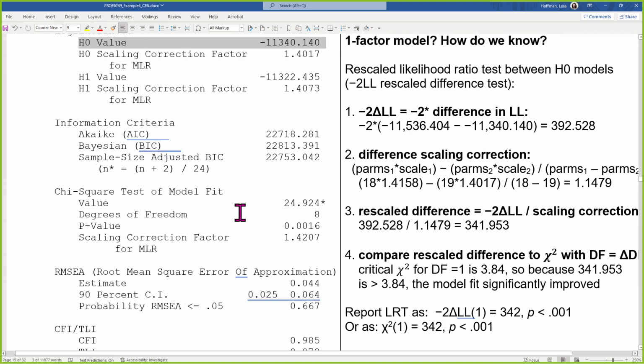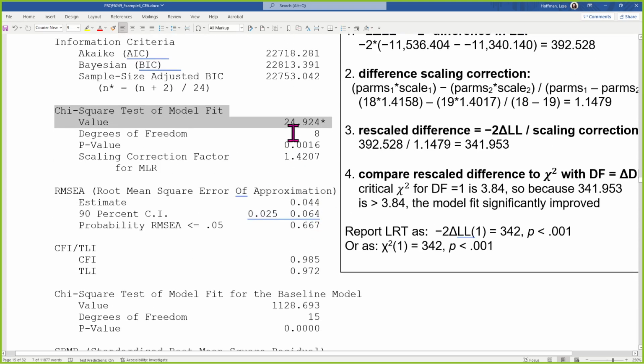And now my chi-square tested model fit is quite different. It's down to just 25 as a test statistic on 8 degrees of freedom. And it's still significant, but this is much, much better. And this is where I'd say it's only significant because I have 1,100 people. I'm going to ignore that. Let's look at the rest of them.